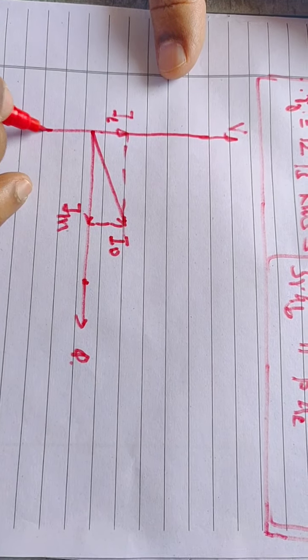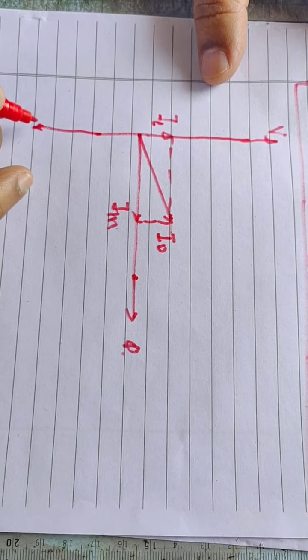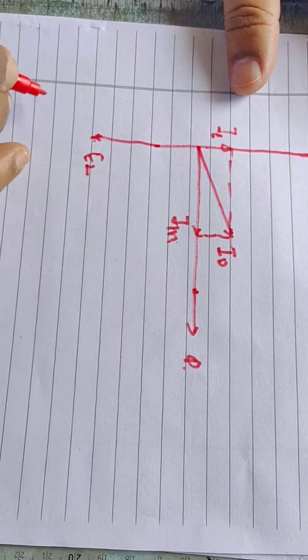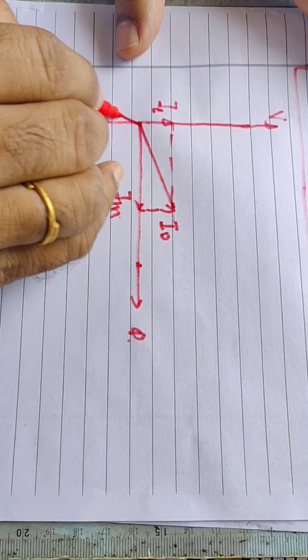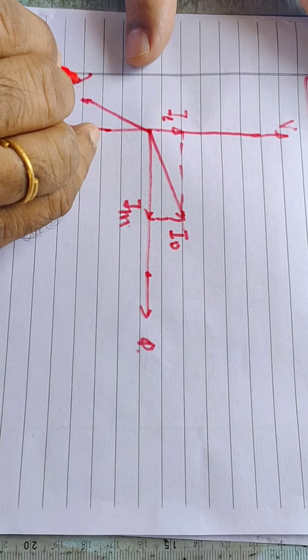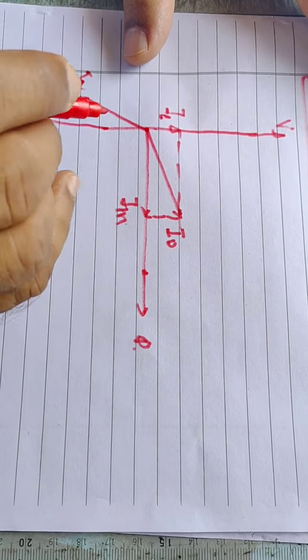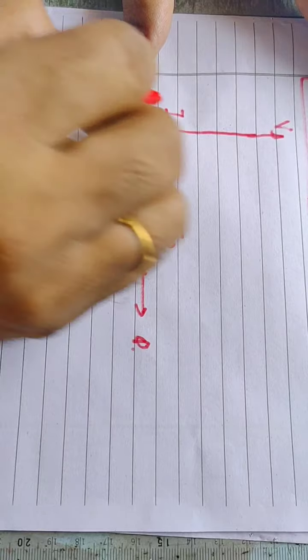The phi is produced by stator and linked by rotor. So EMF induced in rotor is E2. Current set up is IR in the rotor.